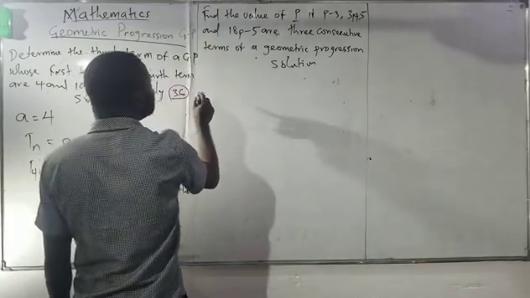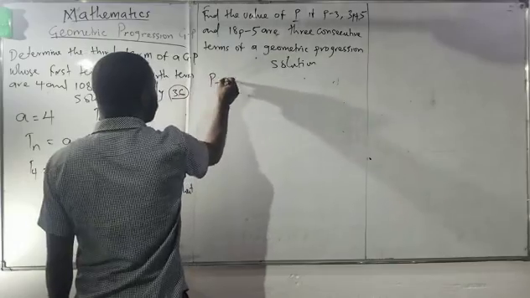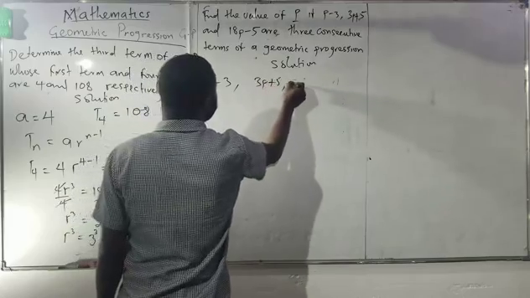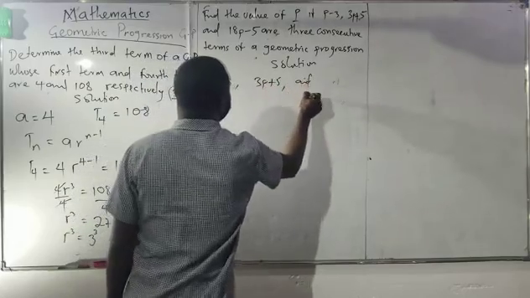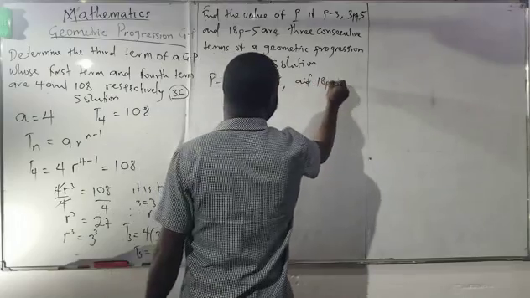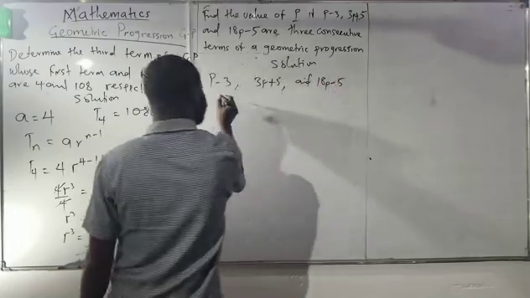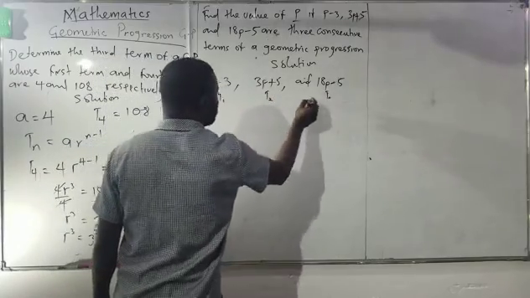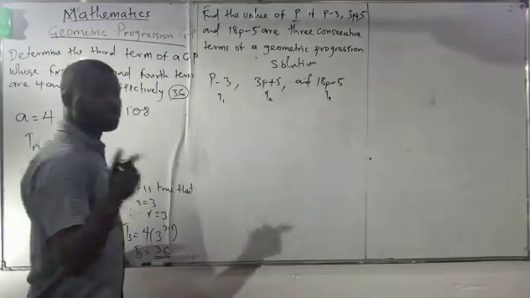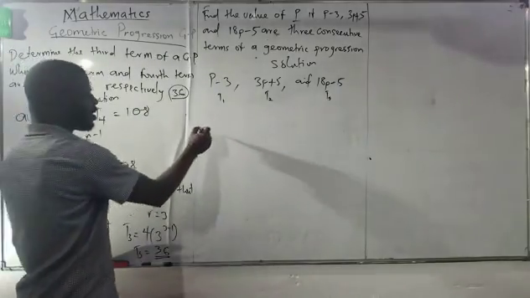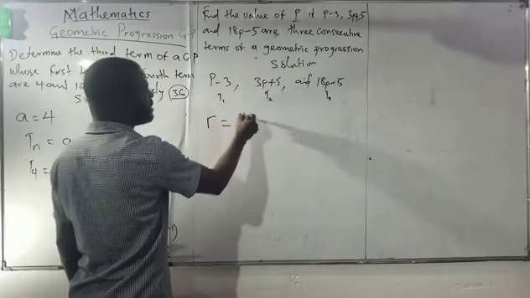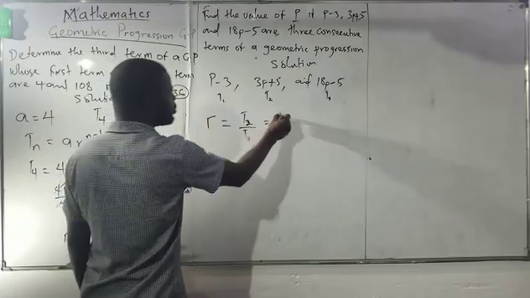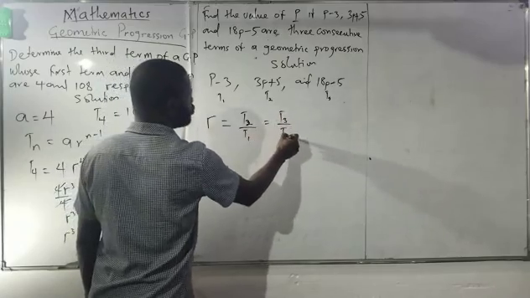What you just need to do is that I have p minus 3, 3p plus 5, and 18p minus 5. This is first term, second term, third term. Now, I will run towards my common ratio. My common ratio lets me know that T2 divided by T1 equals T3 divided by T2.